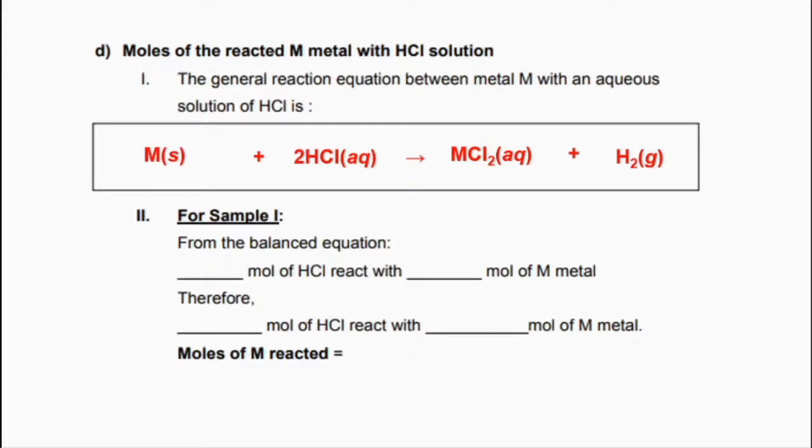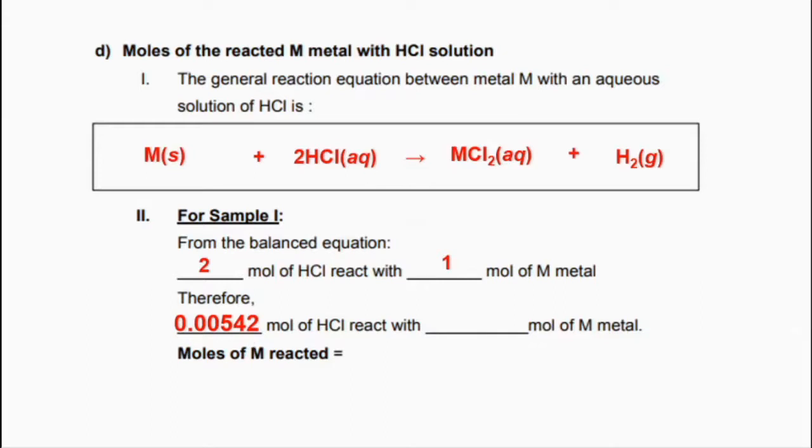From this equation, we know that 2 moles of HCl react with 1 mole of M metal. Just now we calculated the moles of HCl reacted for sample 1 as 0.00542 moles.